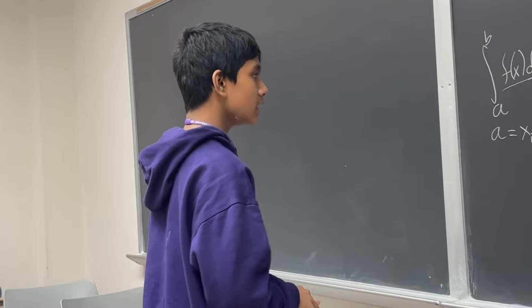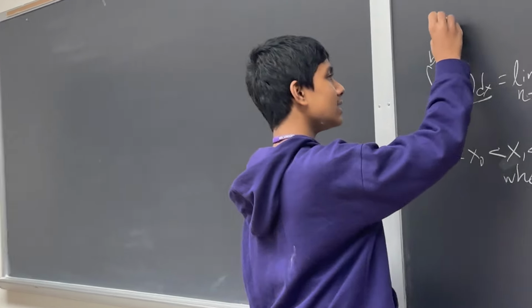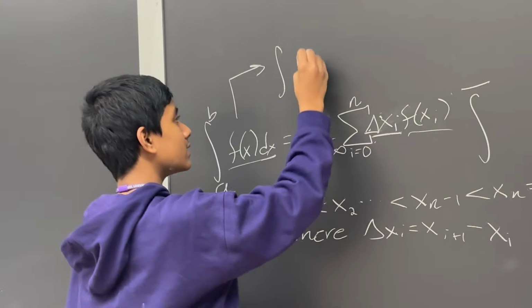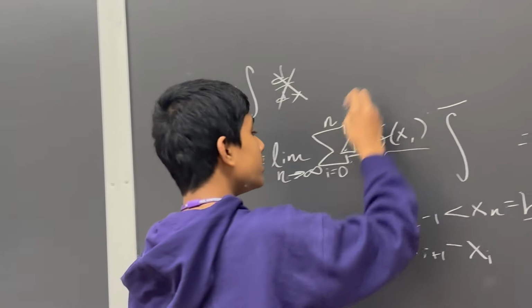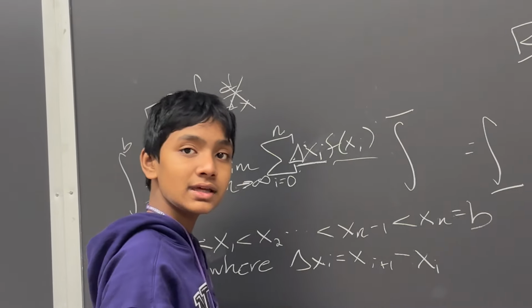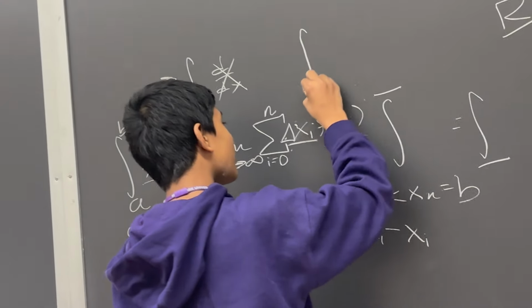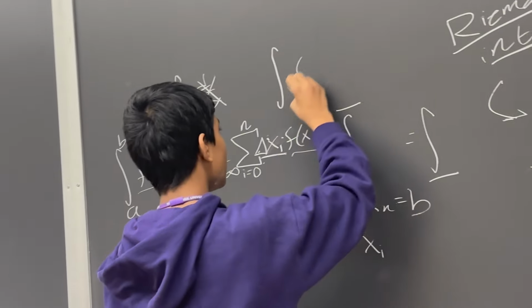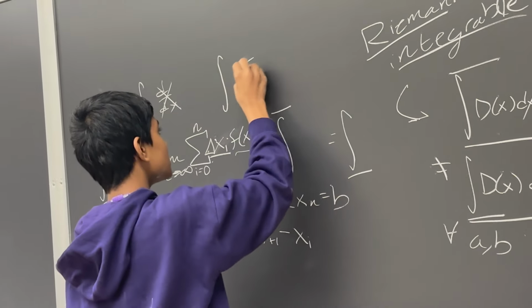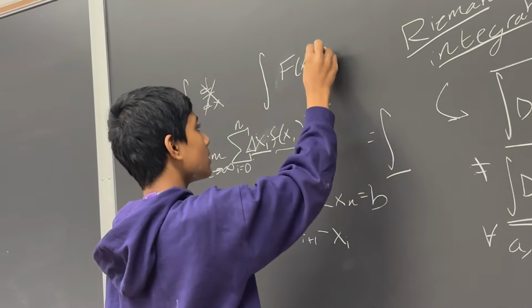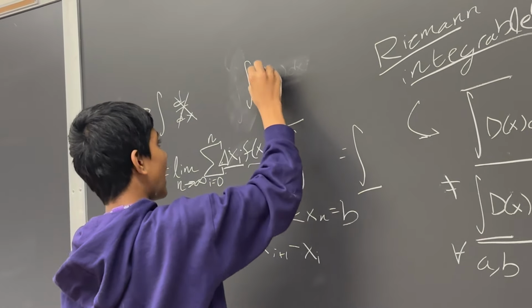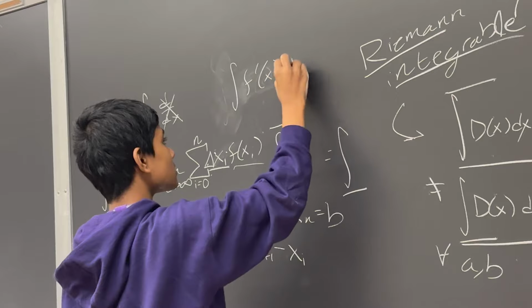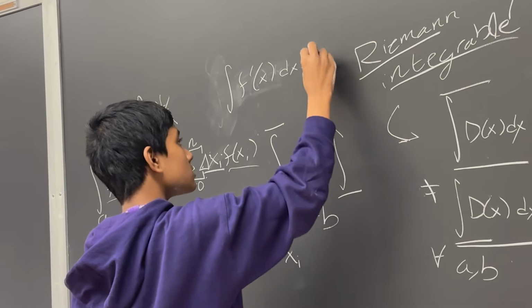So now, how do we reconcile this definition with the antiderivative definition? How do we know specifically that the indefinite integral of f prime of x dx is equal to f of x?